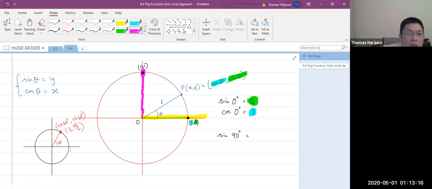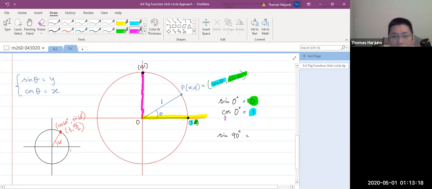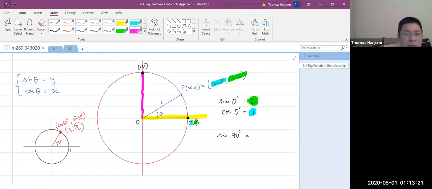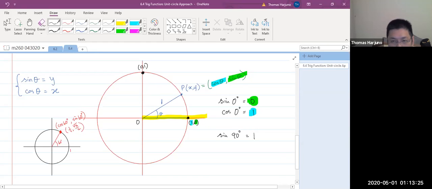Now, because of that, what is sine 90 degrees? 1. Sine 90 degrees is 1. Here's the thing. I know a lot of you already memorized sine 90 degrees equals 1. But do you know how we get that?